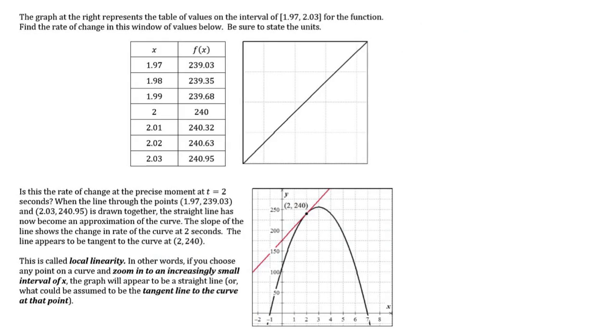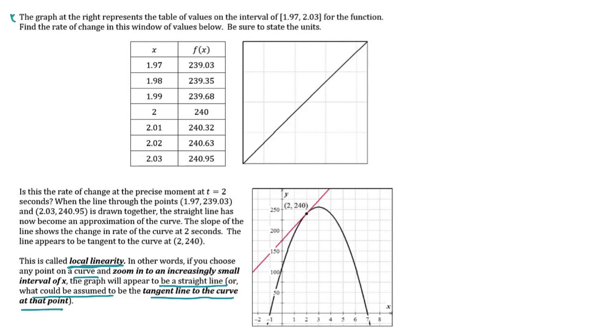Okay, so now we've got this idea of zooming in so tight on a graph that you have something called local linearity. In other words, if you zoom in so close on a point, then everything is going to appear to be a straight line. And so that could be assumed to be a tangent line to the curve at that point.